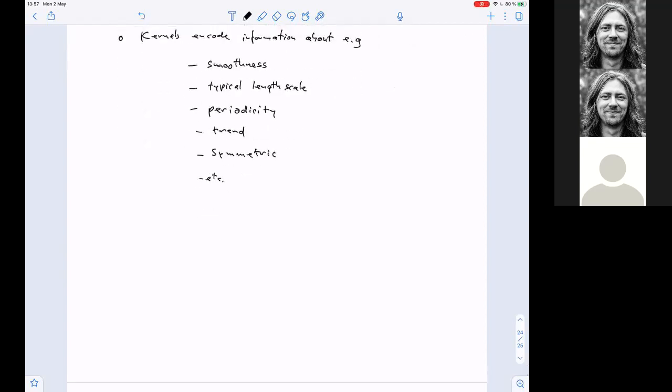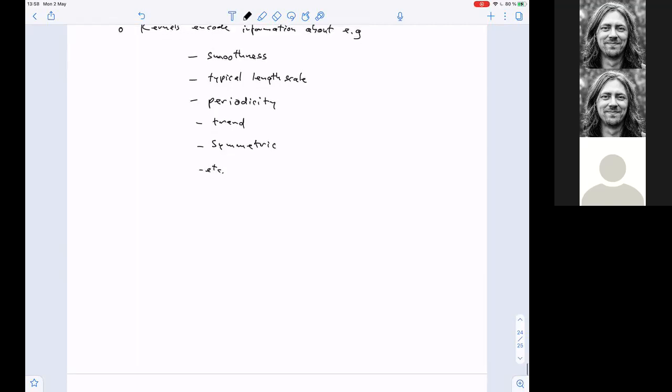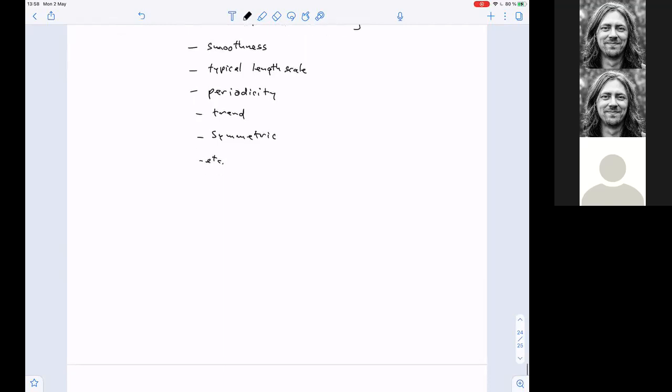So you're not saying, as you would in a lot of other forms of interpolation or regression, I want to use a polynomial of degree blah, or I will use a sine function or a cosine function. You're not specifying a parametric form, but you are, through your choice of kernel, specifying your expectations across the space of all possible functions.